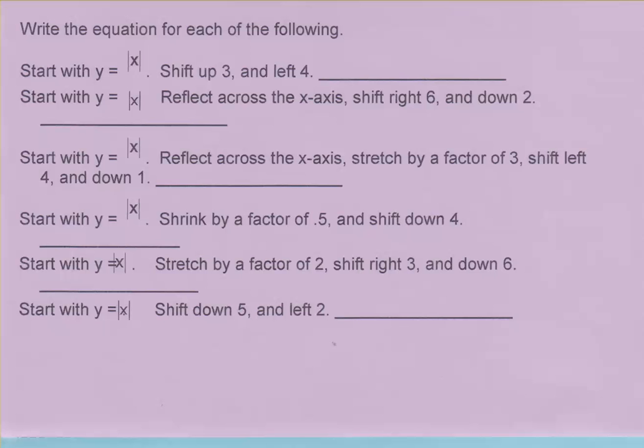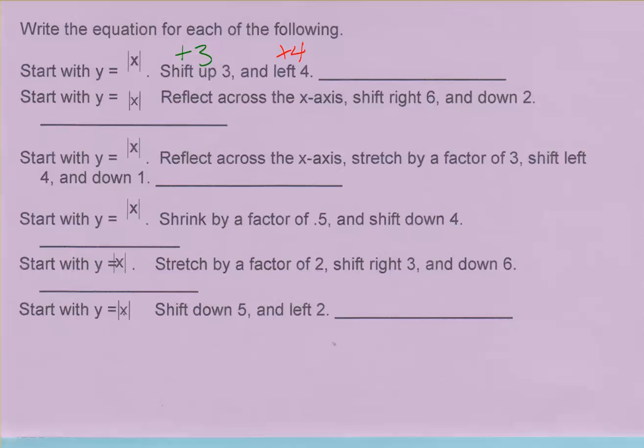So the first thing it says is to shift it up 3. That means that we're going to add 3 to the very, very end. And then it says to go left 4. Now remember that left and right are your x's, and x's lie. So left you would normally think minus because that's towards the negative numbers, but we're going to add 4.